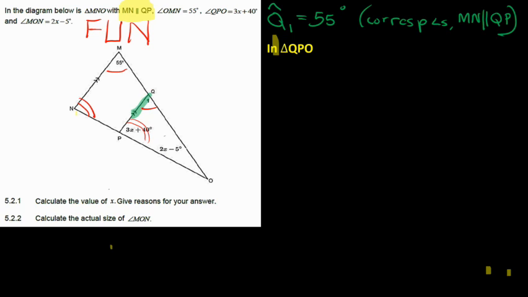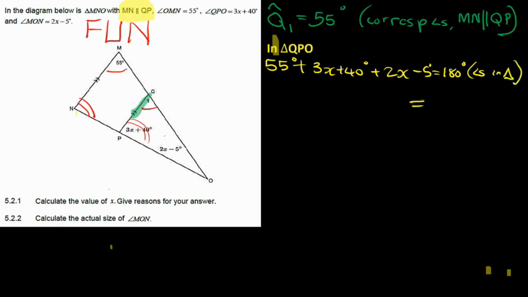We are going to say that angle Q1, which is 55 degrees, plus 3x plus 40 degrees, plus 2x minus 5 degrees, is equal to 180, and the reason is angles in a triangle. Then we can start simplifying. Let's start with the left-hand side.